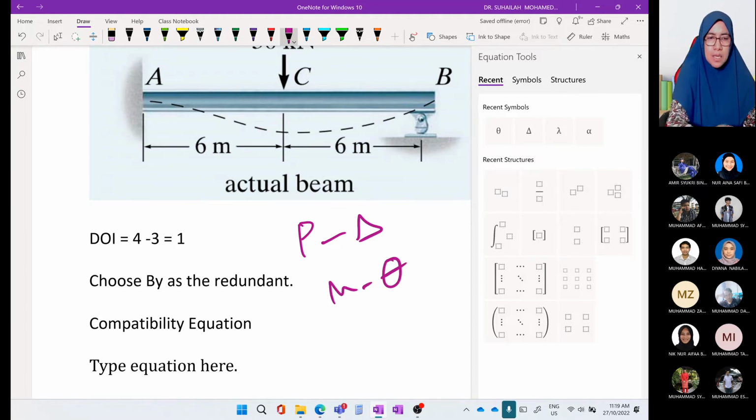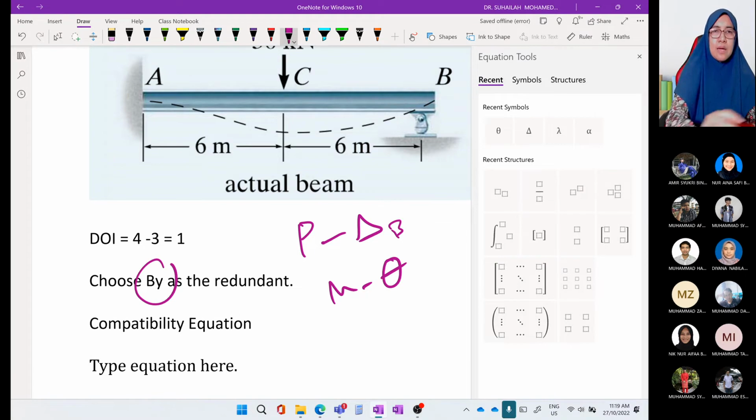This is the partner. It means that if the redundant is a force, either a vertical force or horizontal force, represented by BY in this case, we have to look at the displacement occurring at position B, the redundant position.